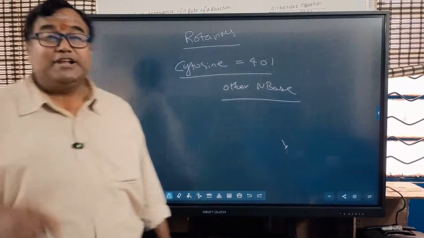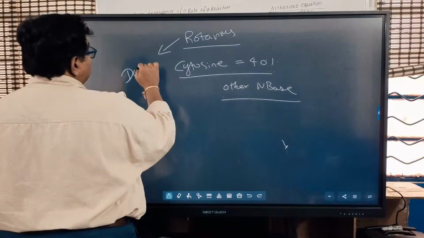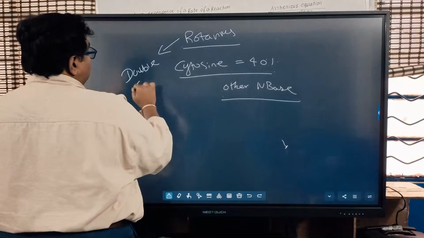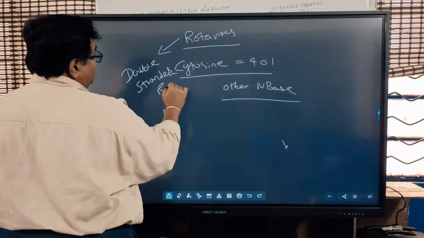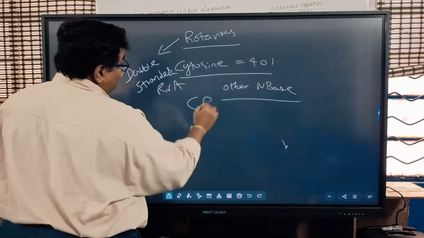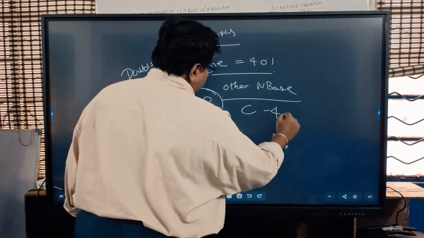Chargaff rule is applicable for double-stranded RNA. Rotavirus has double-stranded RNA. So where we can apply the Chargaff rule. That means cytosine 40, what she told is correct.